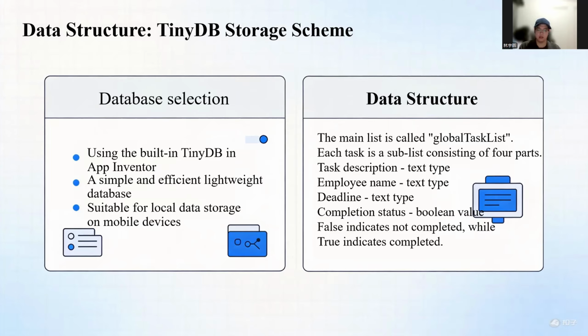Inside it, each task is a list with four parts. Part one is the task description. Part two is the employee name. Part three is the due date, and part four is a true or false block. False means the task is not complete, and true means it is complete.